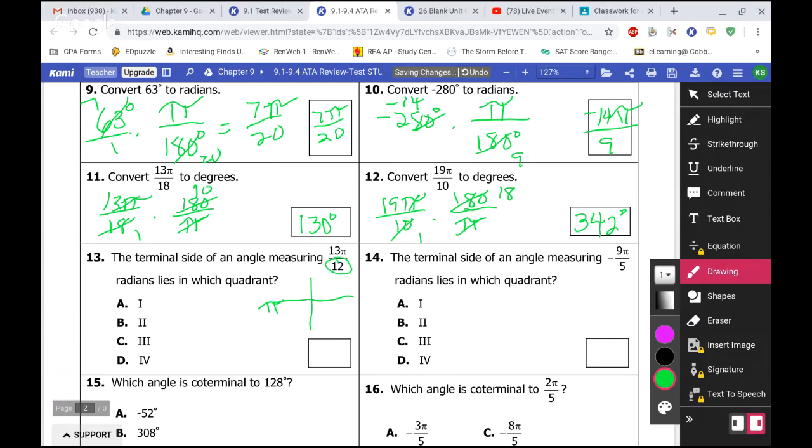I know that if I were going to make this pi, that would be 12 pi over 12, which would be 180, because I know that this is pi over here. 180 and pi are the same thing, because remember, we've been doing 180 over pi and pi over 180 to convert.